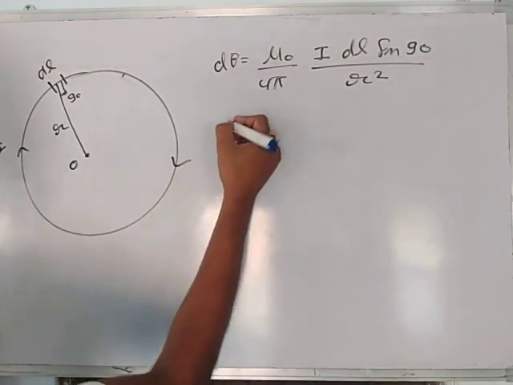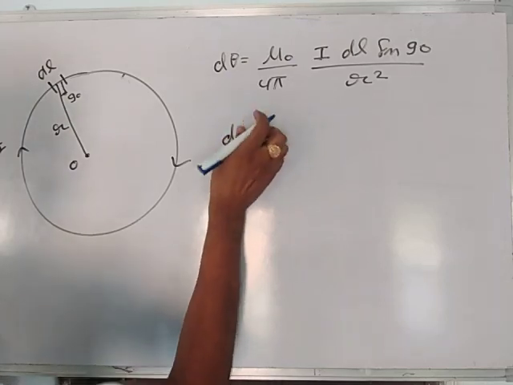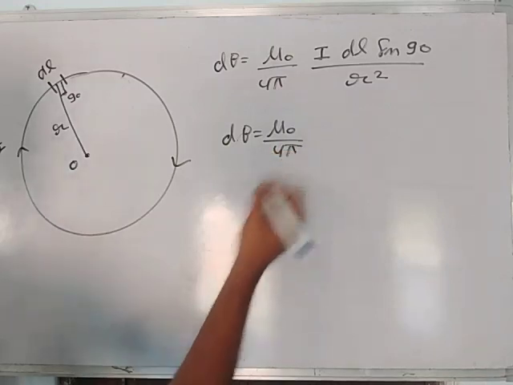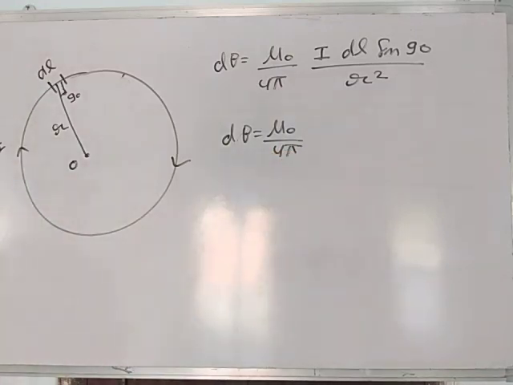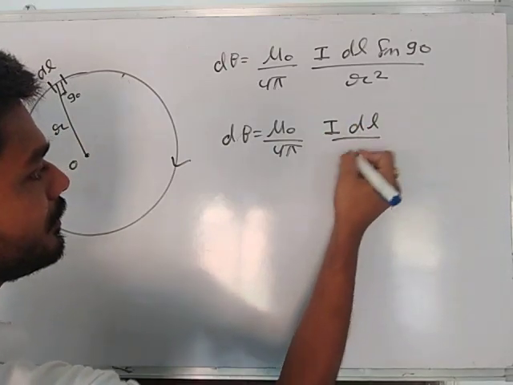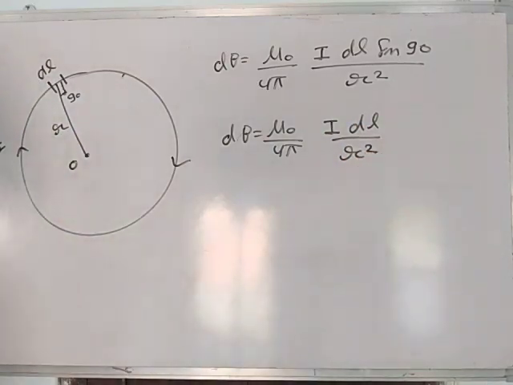Then dB is equal to mu naught upon 4 pi I dl by r square, because sin 90 is equal to 1.